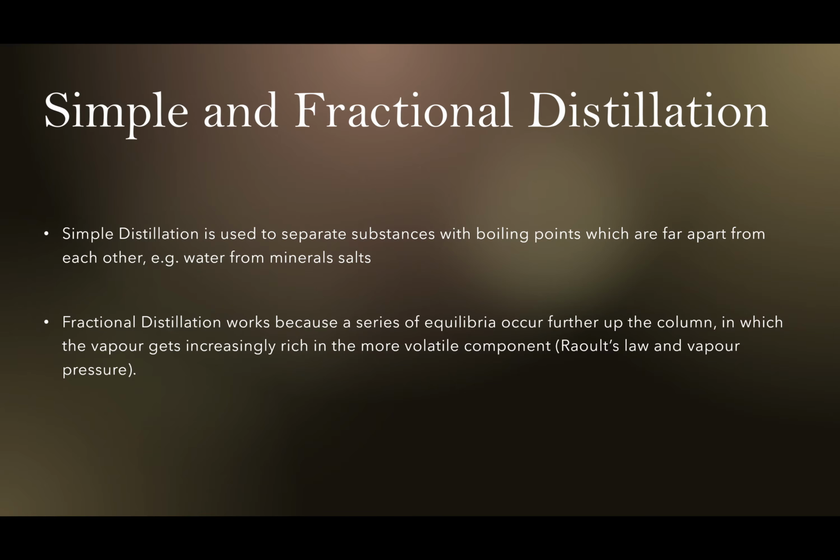So we have to look at the volatility of the different components as well as the boiling points of different components. Well, boiling point and volatility is relational. But we're basically gonna be separating multiple substances in which the vapor gets increasingly rich and more volatile as we go up the fractionating tower.